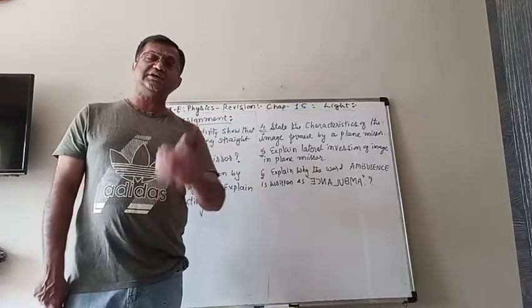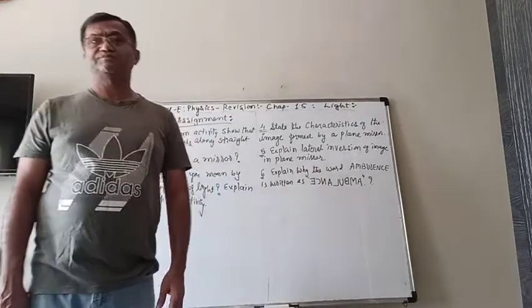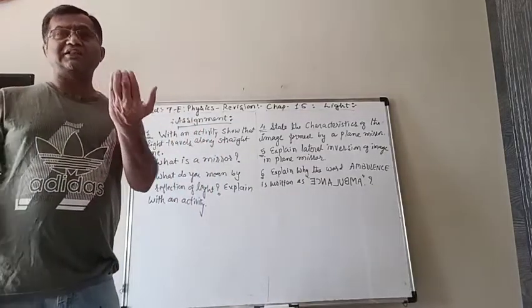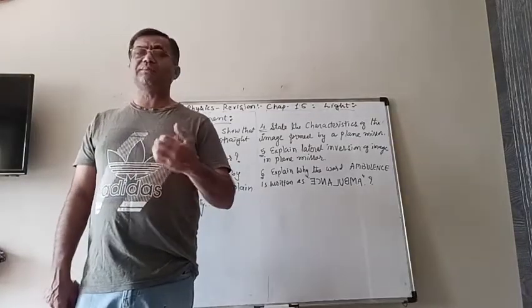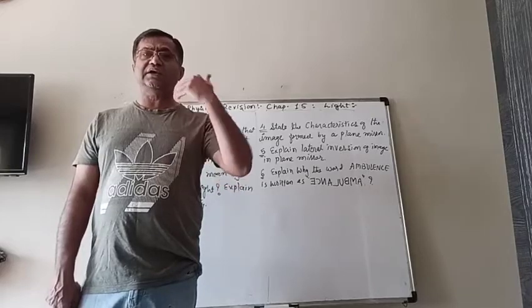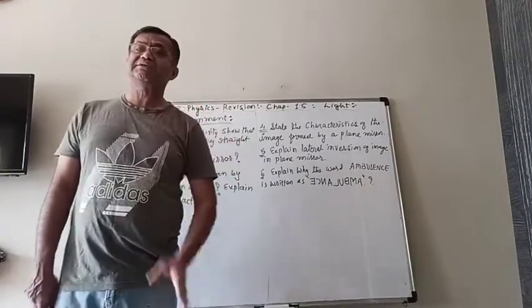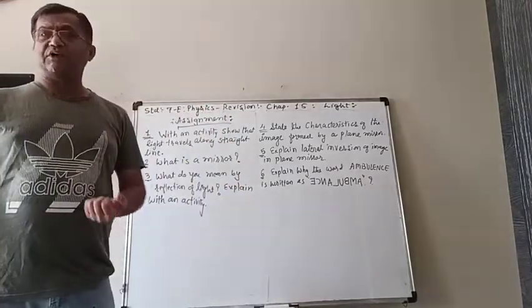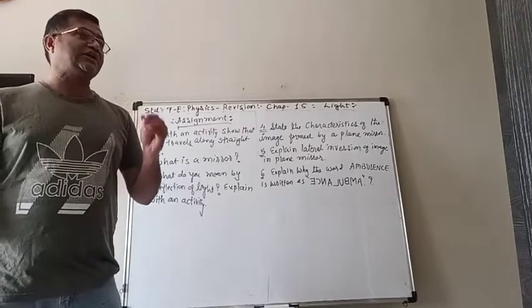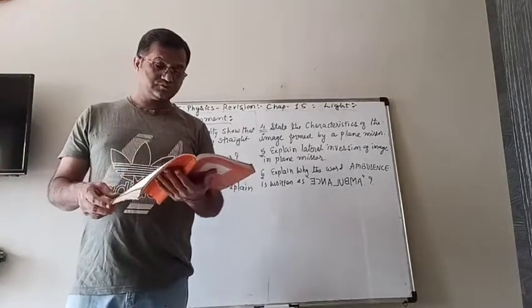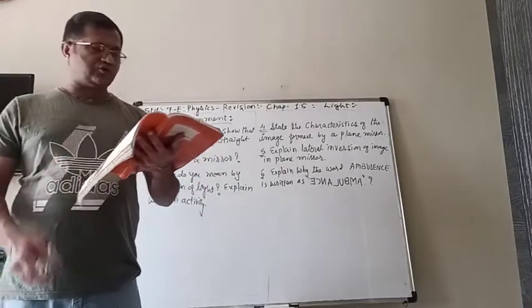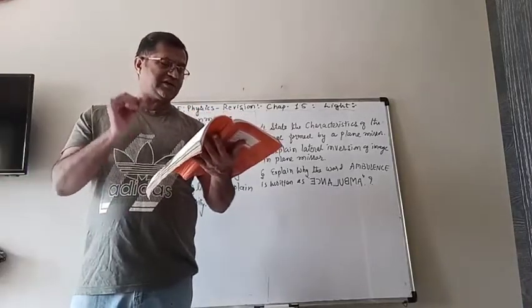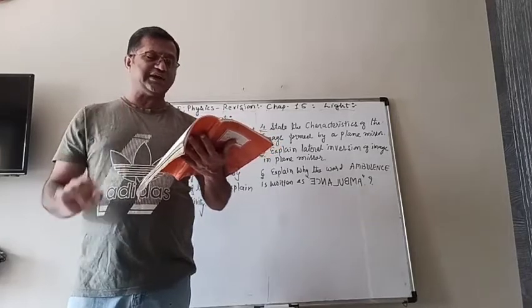When it enters the bent pipe, it will travel a little, and when there is a bent part, it will stop. It won't be able to bend and go through the bent pipe, and therefore we are not able to see the flame. So that is the thing we have to learn, that light travels along a straight line only.